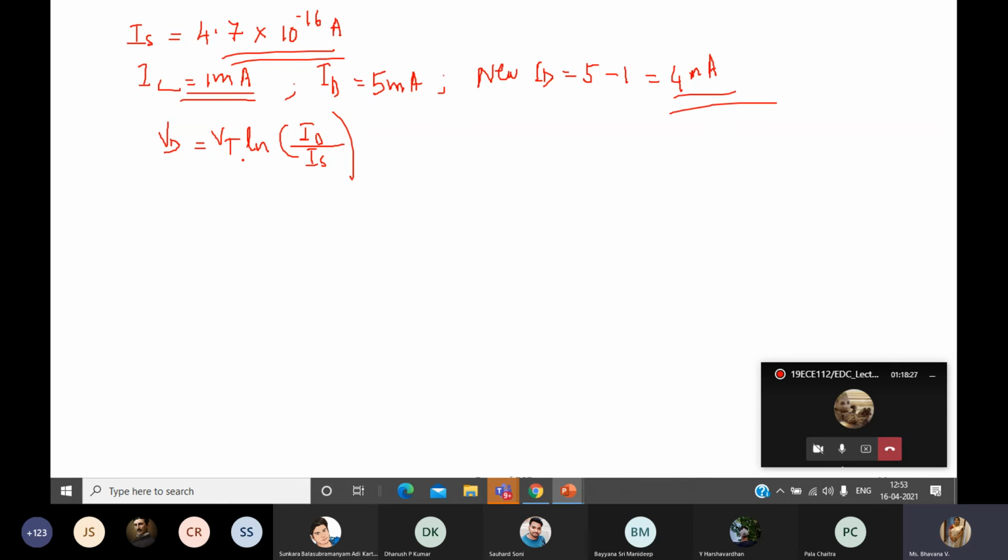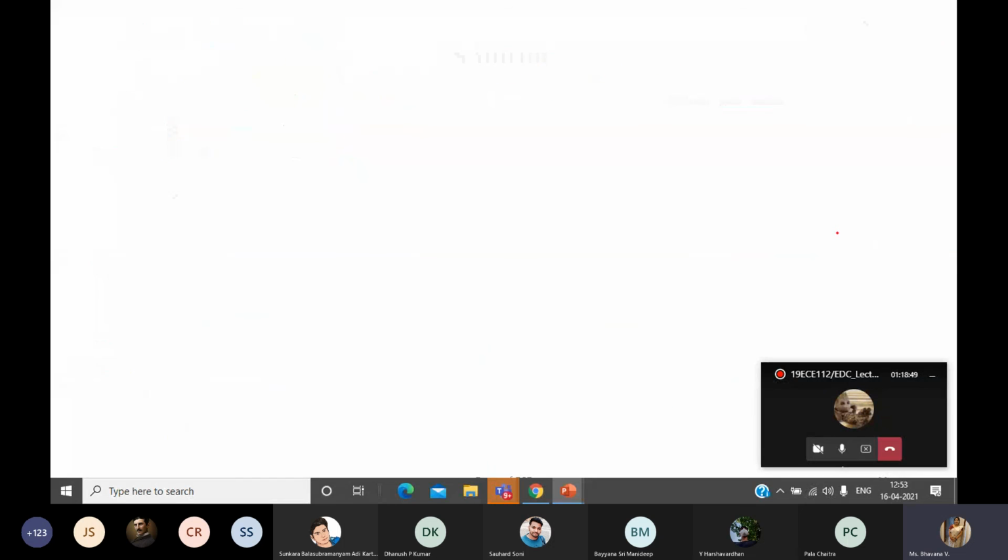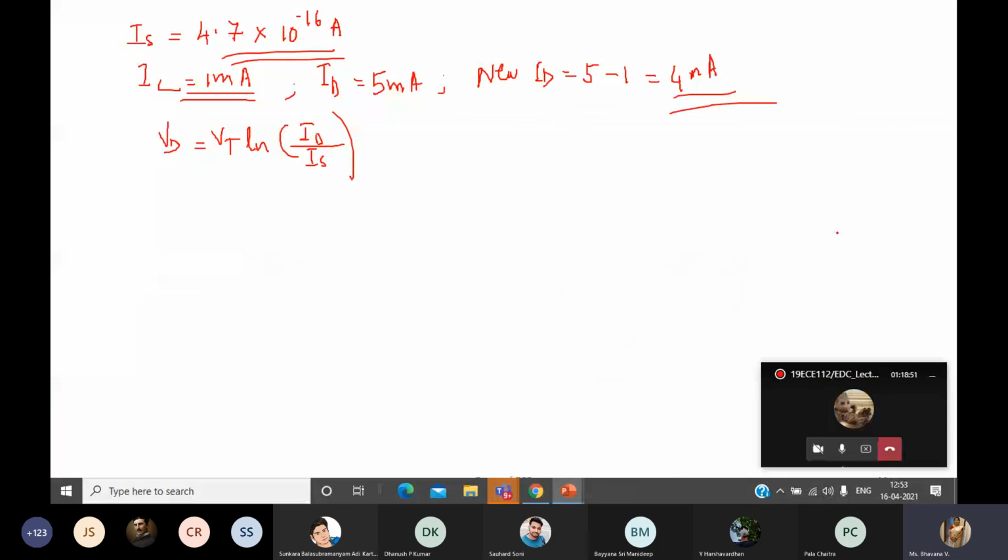So you need to find the new value of VD as well. So VD is equal to VT ln ID by IS. Calculate and tell. What is asked in the question? Actual change in V0.